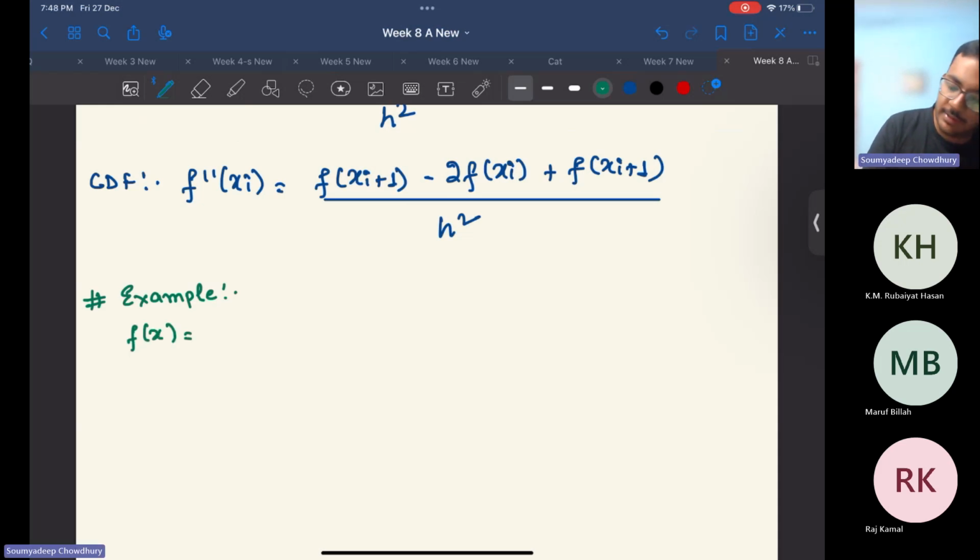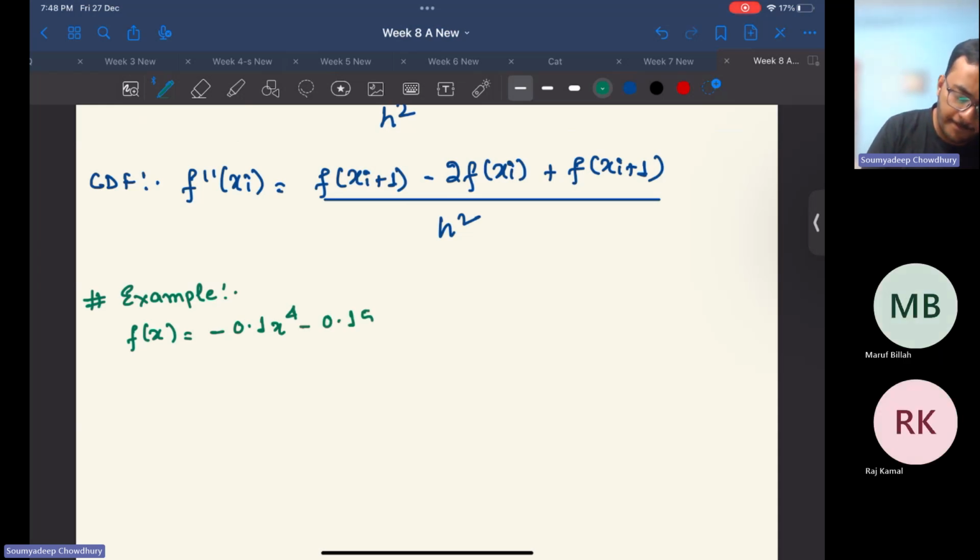So suppose your f of x is given as some random polynomial function: minus 0.1 x cube minus 0.5 x square minus 0.25x.